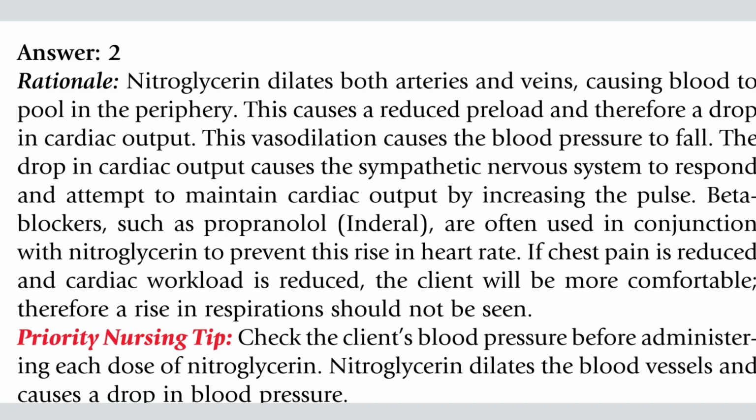Beta blockers, such as propranolol, Inderal, are often used in conjunction with nitroglycerin to prevent this rise in heart rate. If chest pain is reduced and cardiac workload is reduced, the client will be more comfortable, therefore a rise in respirations should not be seen.